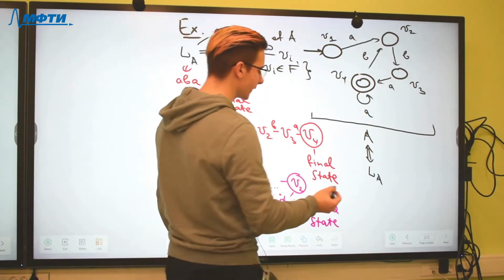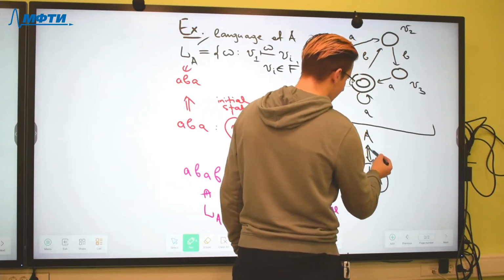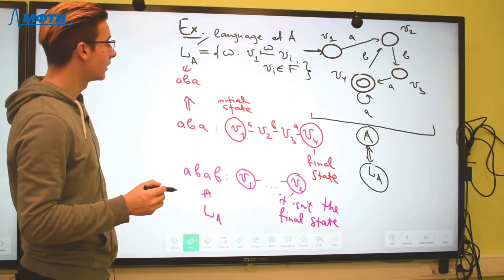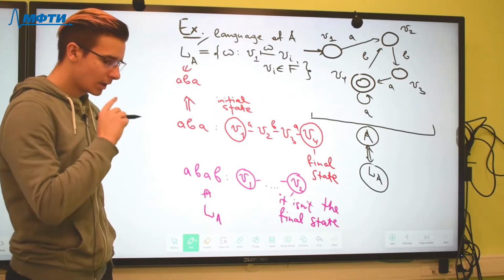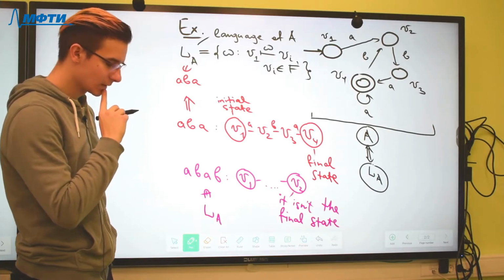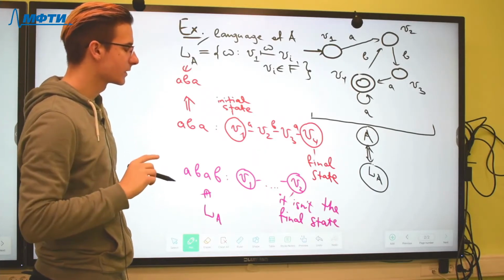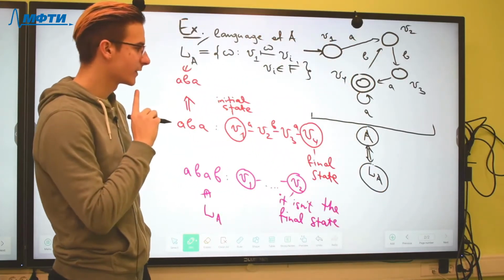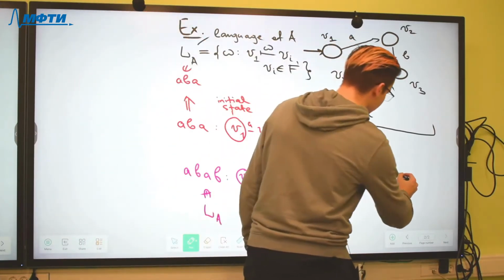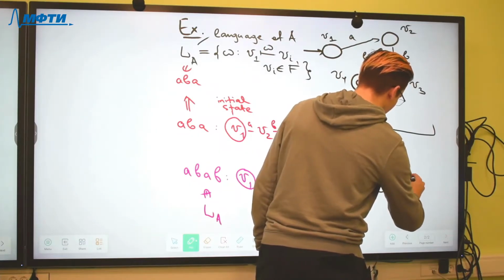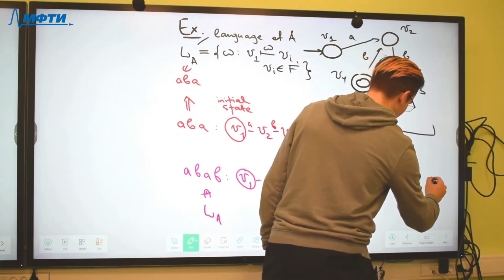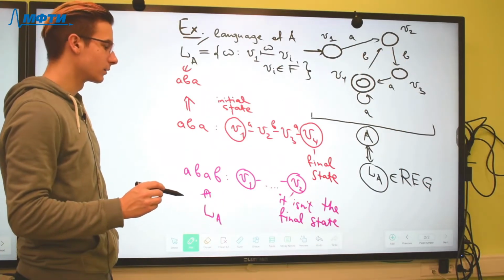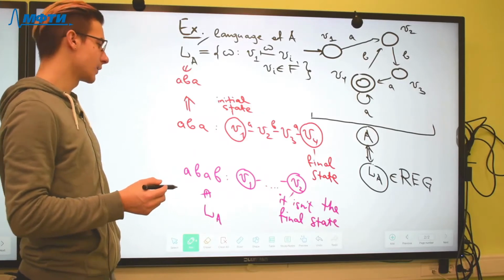So for all of the languages, we can find the automaton, but it is necessary to understand that the languages must be from the class that is named the class of regular languages.